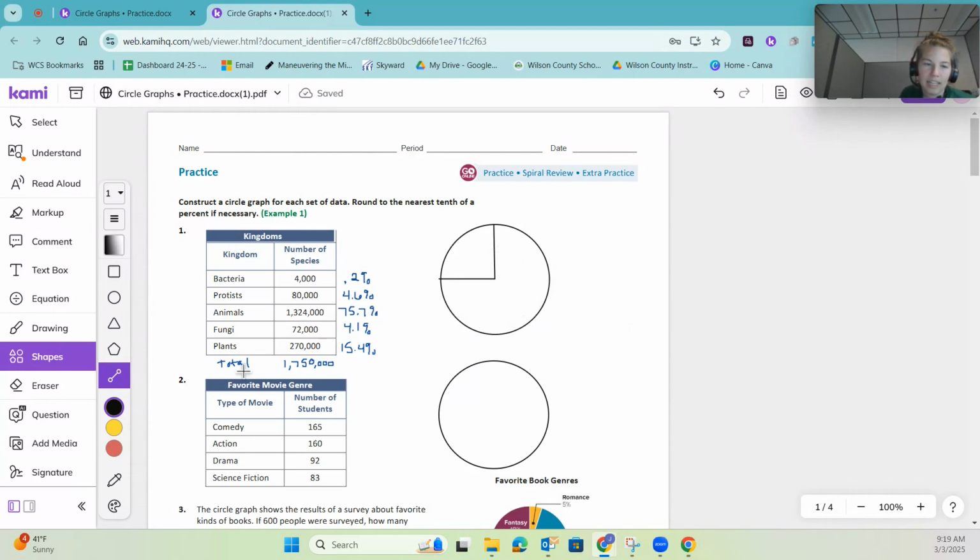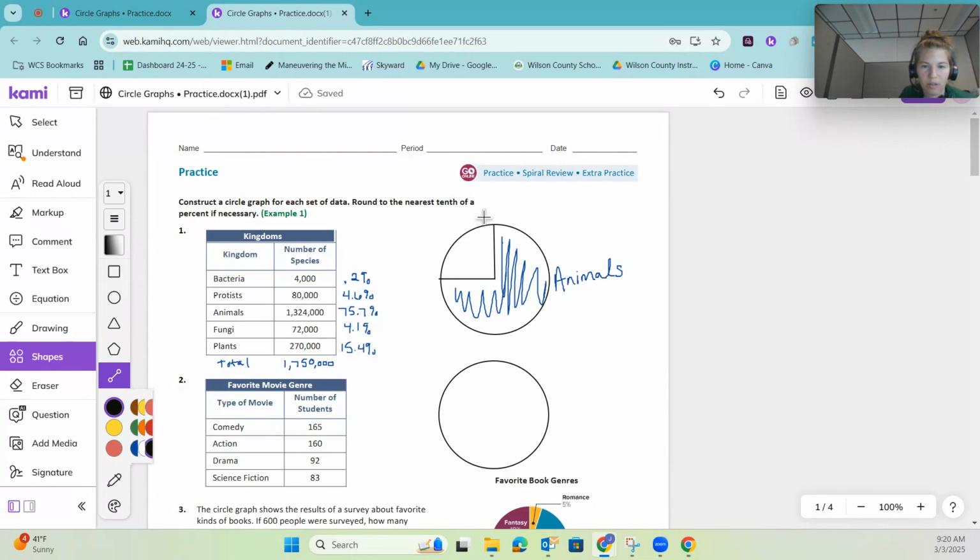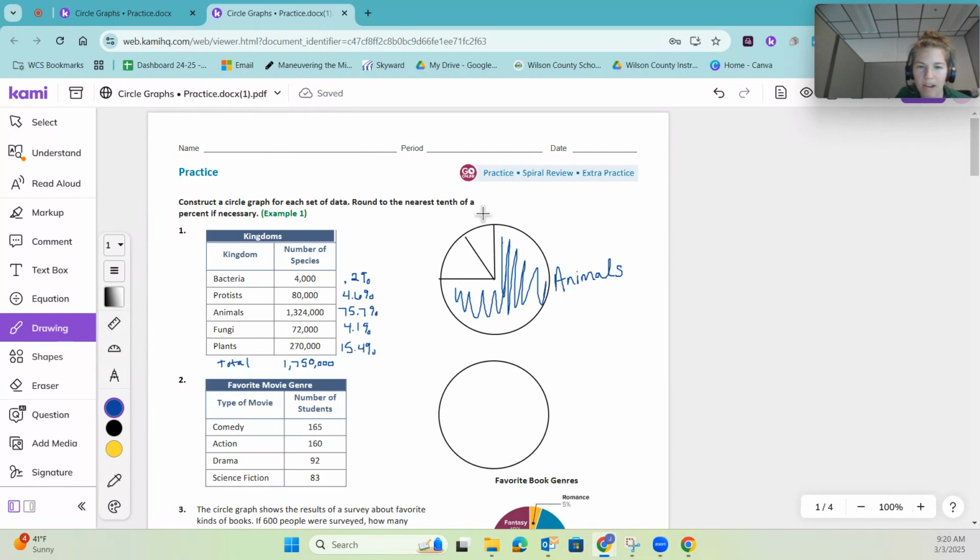So I'm going to mark that here, that all of this is animals. Okay, and the remaining, a little less than 25%, is everything else. Okay, so bacteria is like the tiniest little portion, so I'm going to leave that for the end. And then 15% of this 25 is going to be over half. All right, I'm just estimating here on these percentages, but this is going to be 15.4%.